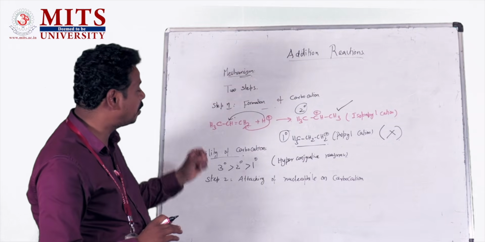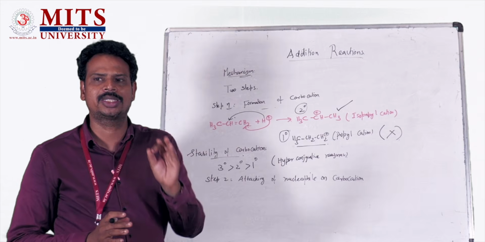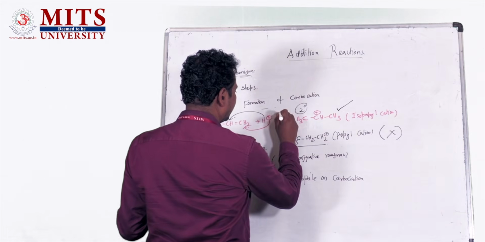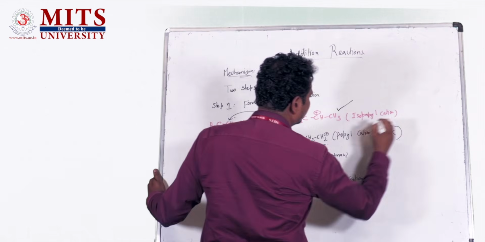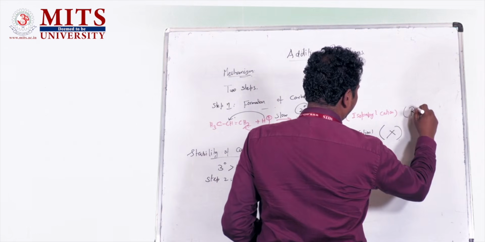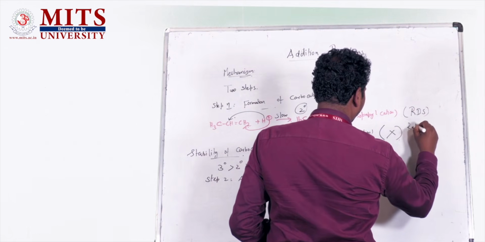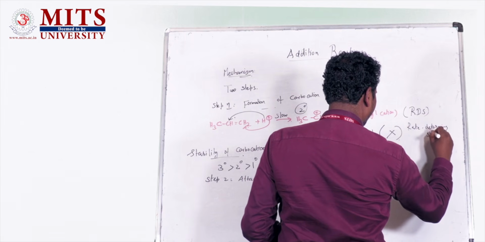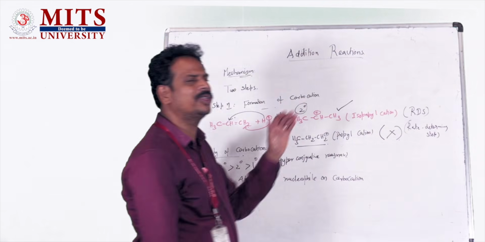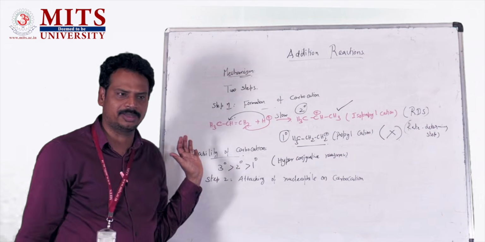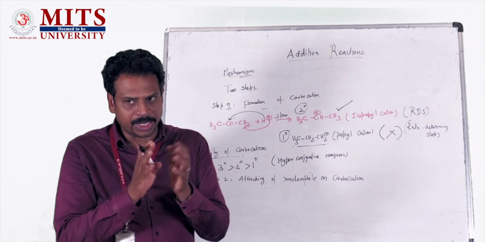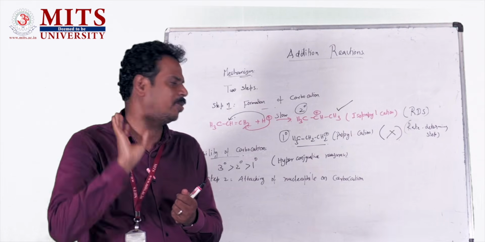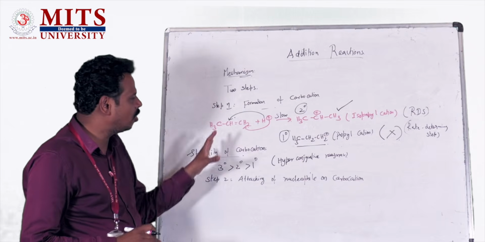Moreover, step 1 is the slow step, and that step is called the rate determining step. Once this carbocation is formed, the next step is very fast. That's why, in this whole mechanism, the rate depends on the formation of the carbocation, nothing else. Okay, this is about step 1.